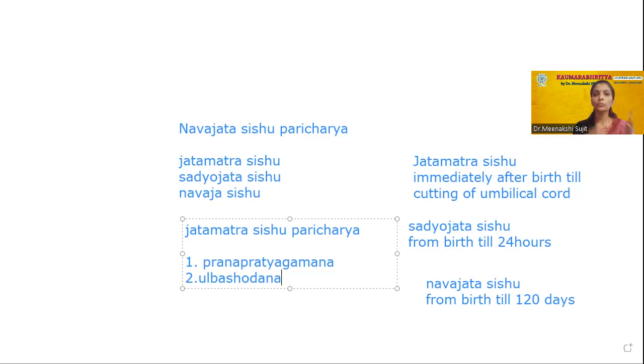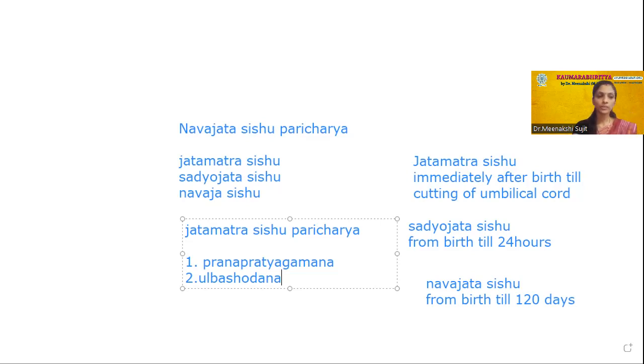To prevent this hypothermia, this vernix caseosa does its work. It will protect the baby from hypothermia. So nowadays pediatricians advise not to remove this vernix caseosa, just clean with warm water. They will advise that. But why our acharyas were using this and how they were using this, we will see.